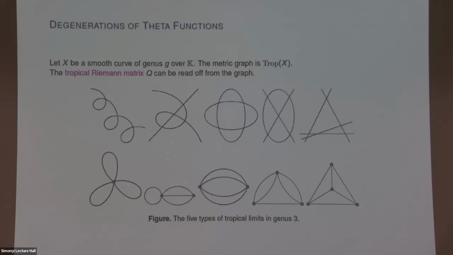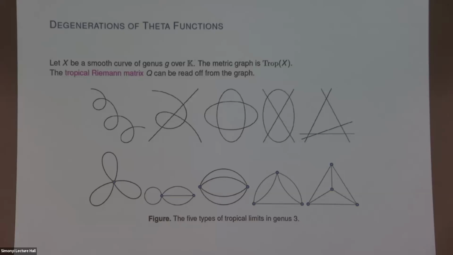And then, so this one, for example, we have 2 components, that's 2 vertices, and then one has 1 self-intersection, and then 3 intersections with the other one. The other one has no self-intersections. And then with this and some other data, you can pretty easily get the tropical Riemann matrix Q, which will be a G by G symmetric positive definite matrix.